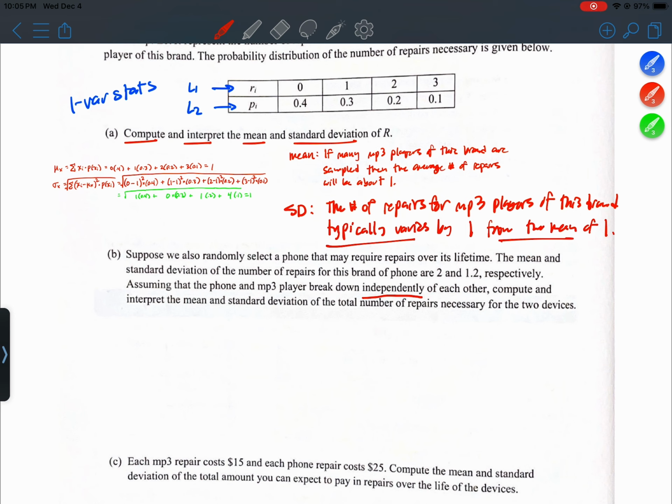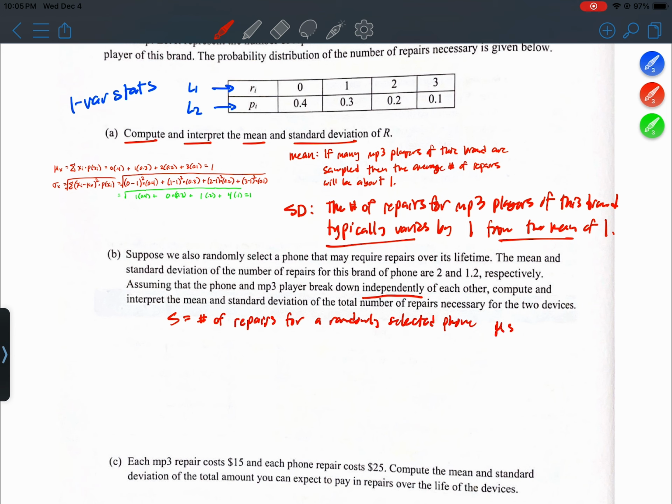So let's define a new variable. We already have R for repairs, but that's for the MP3 player. So let's choose S, I guess it's just the next letter in the alphabet. S is the number of repairs for a randomly selected phone.